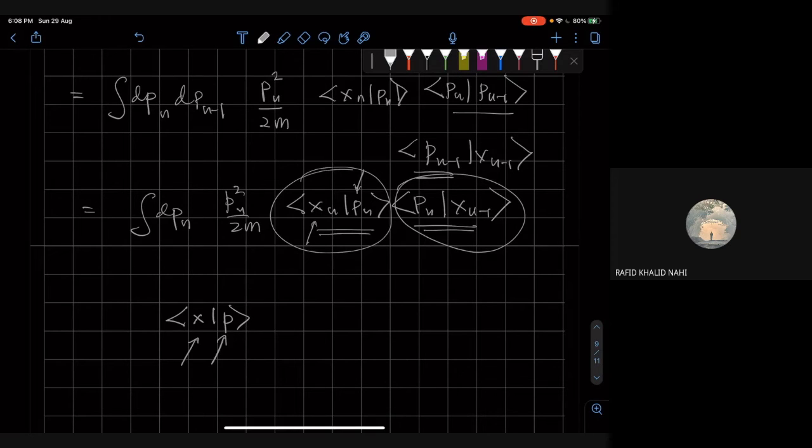Taking the inner product with the bra of x means that we are working out psi_p(x), right? And that is given by 1 over the square root of 2 pi h bar, e to the power minus i over h bar, xp.